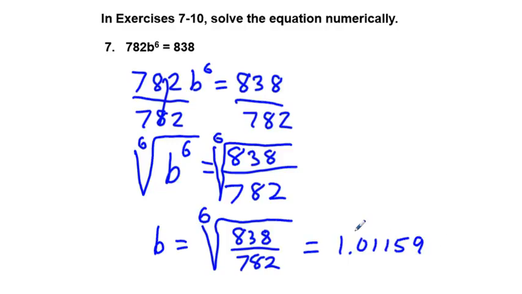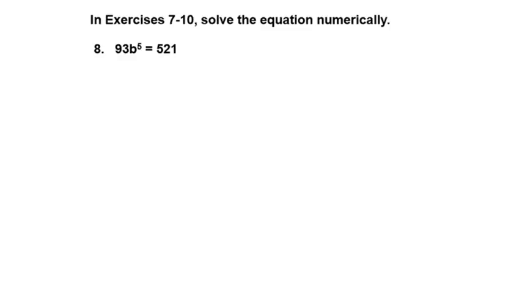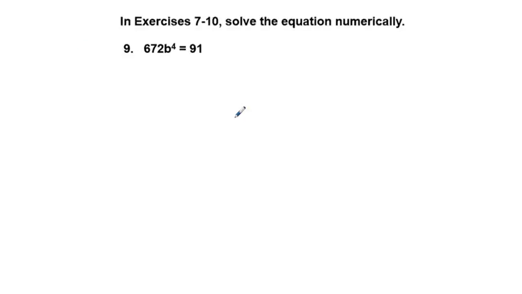Now, did we have an even numbered root? Yes, we did. So as a matter of technicality, we're going to have a plus or minus, because if we take negative 1.01159 and take that to the 6th power, we're also going to end up with this 838 over 782.